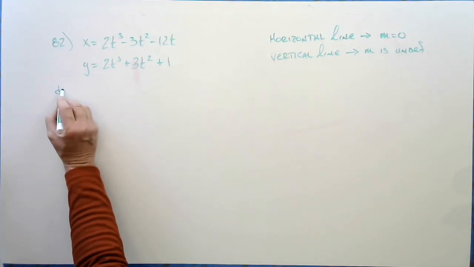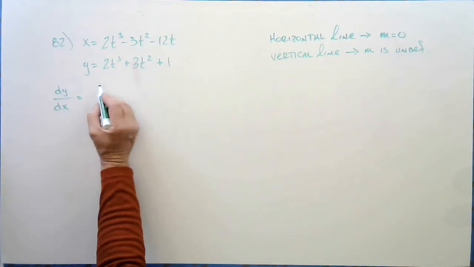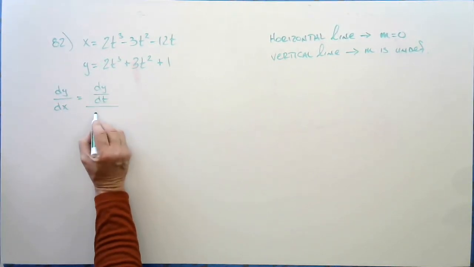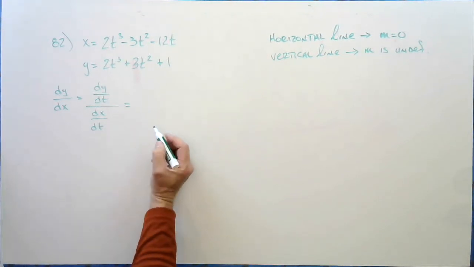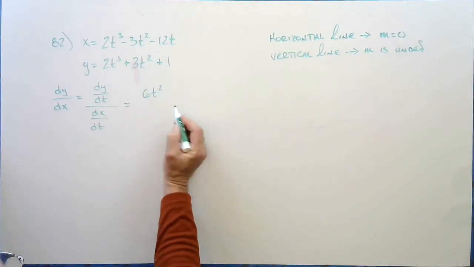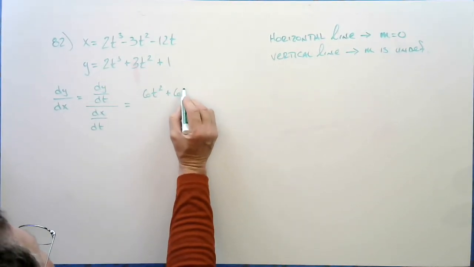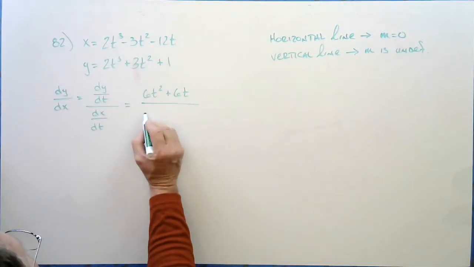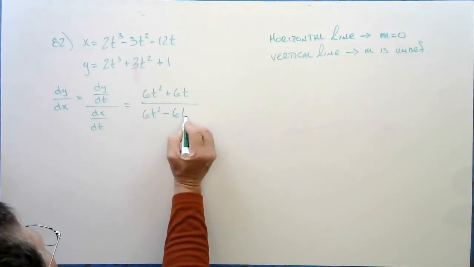And again, we're going to have to start by finding the derivative, which is dy dx, or if we use the chain rule, dy dt divided by dx dt. Now, the derivative of y with respect to t is going to give us 6t squared plus 6t. The derivative of x is going to give us 6t squared minus 6t.